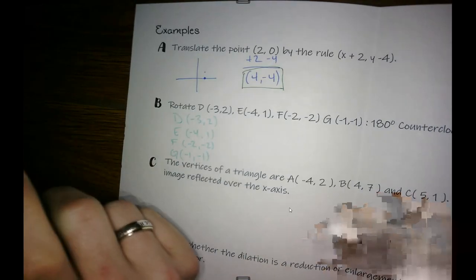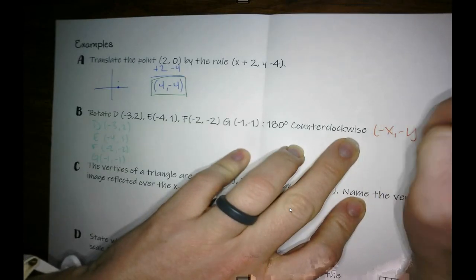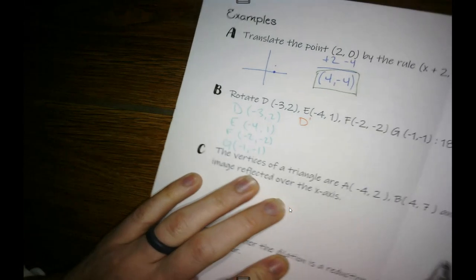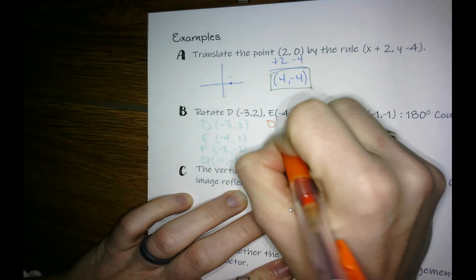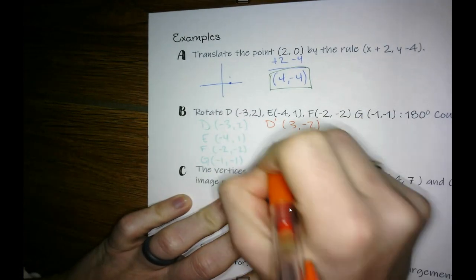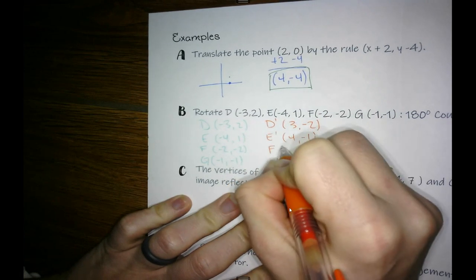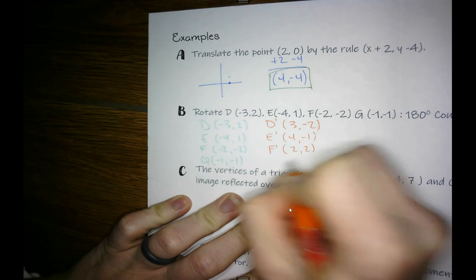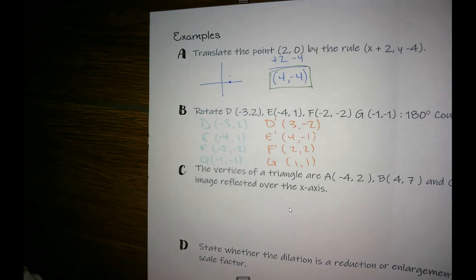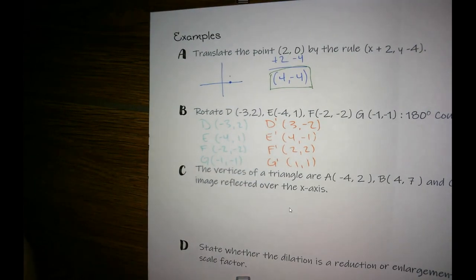And that's all we're going to do to get the new coordinates. So that negative becomes positive. This positive becomes negative. And G' at (1, 1). That's it. G with a prime, because it's the new image.